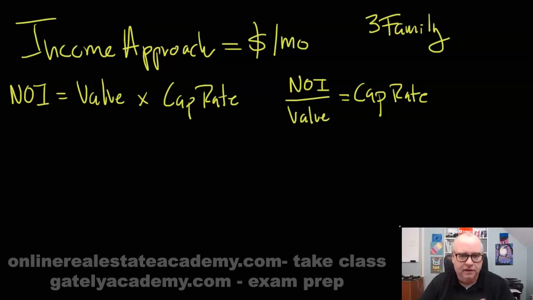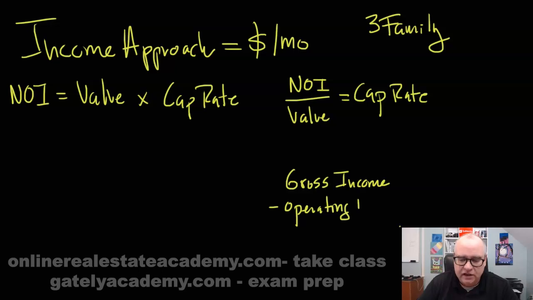So there's two things that I want to define for you. I know you know what value means. So let's talk about NOI first. NOI is the gross income that the property takes in over a year minus your operating expenses. So that's going to be whatever your monthly bills are.